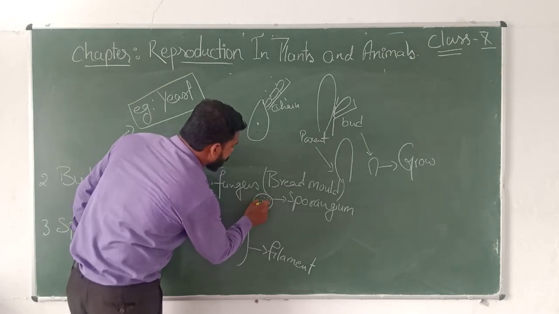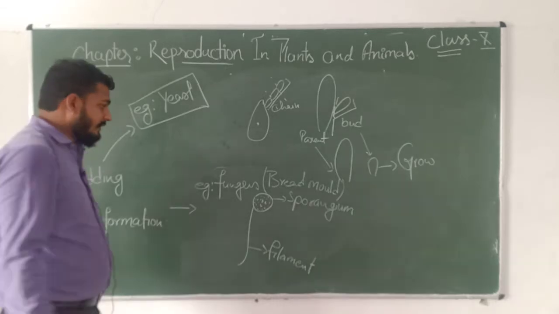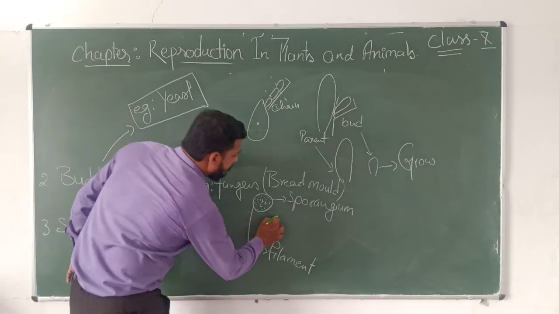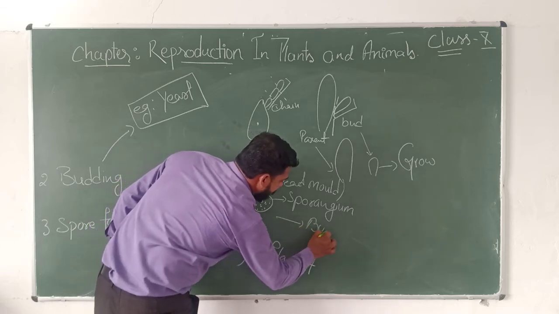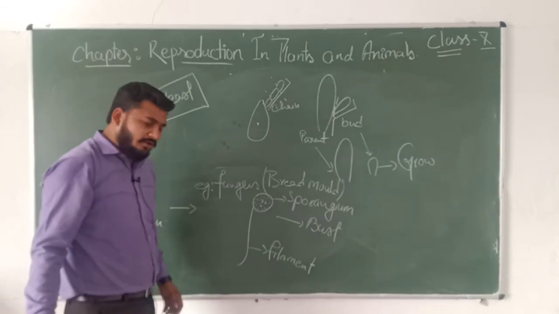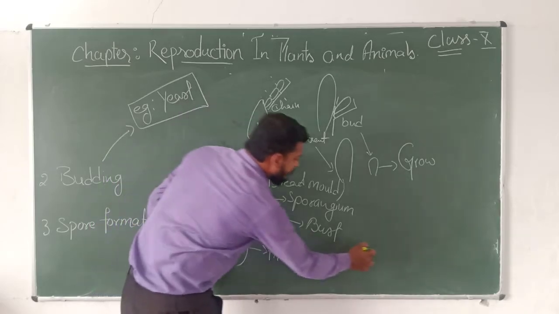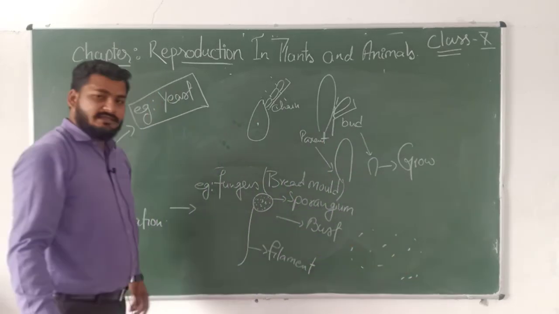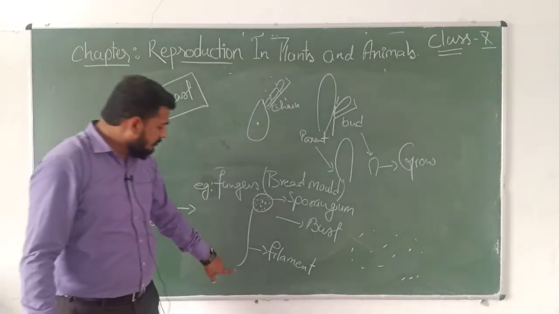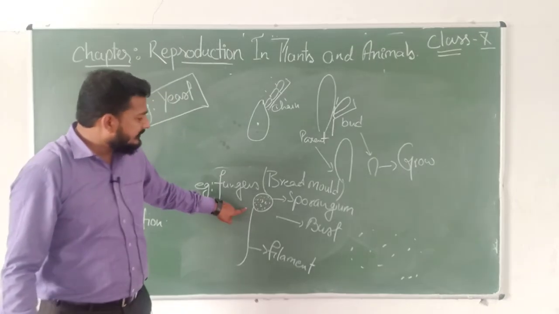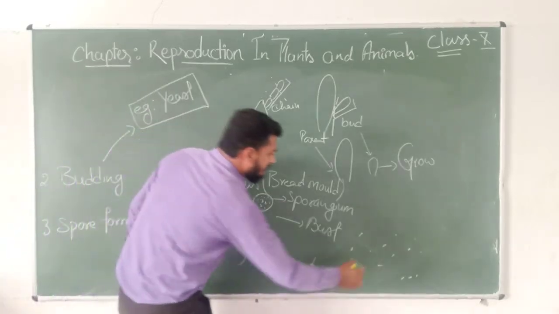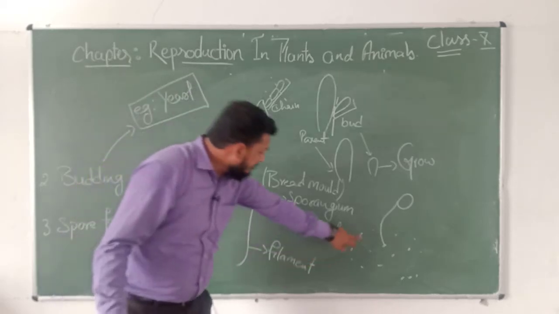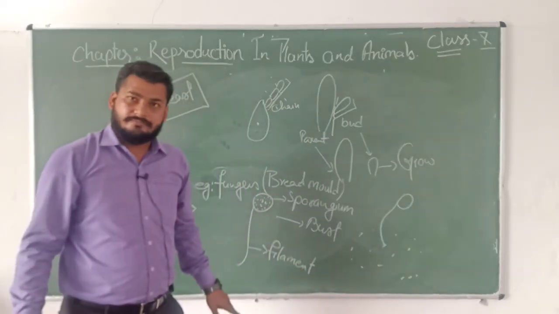A large number of spores will be formed, and after the formation of these spores, the sporangium will burst, causing release of these spores over the surface, and each spore will grow into a new filament and then a sporangium. This spore will grow into a filament and form a sporangium, and each of them will do the same.